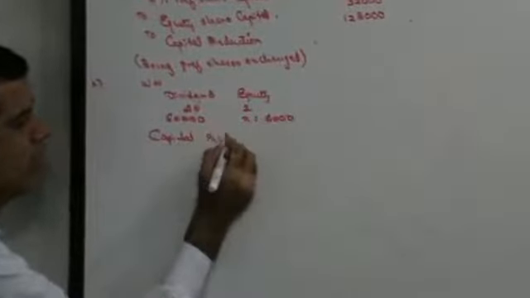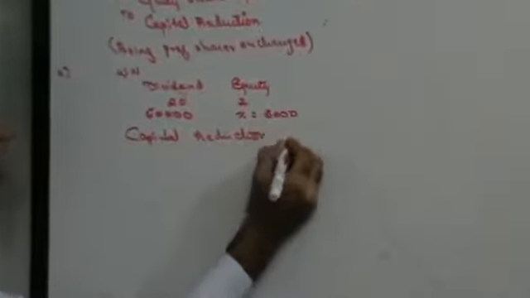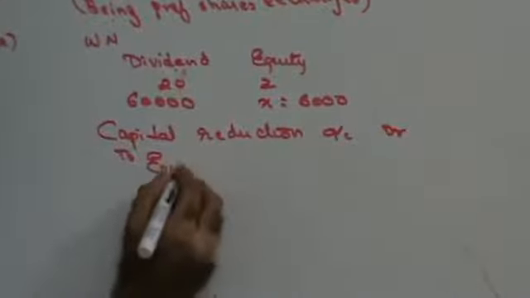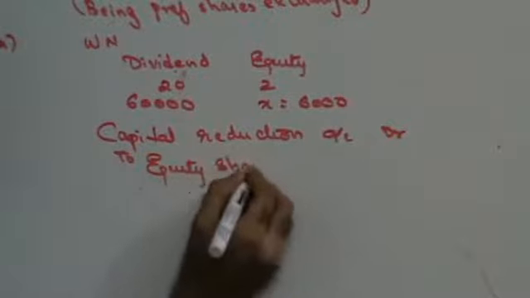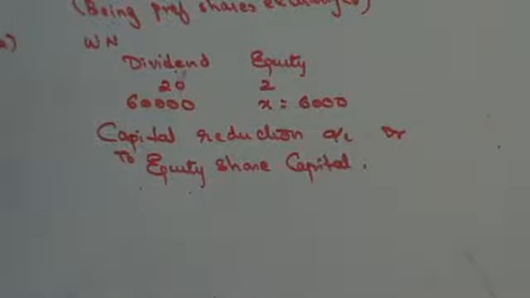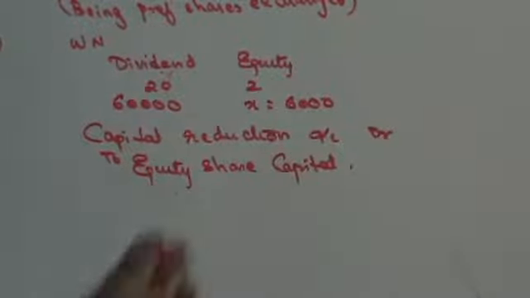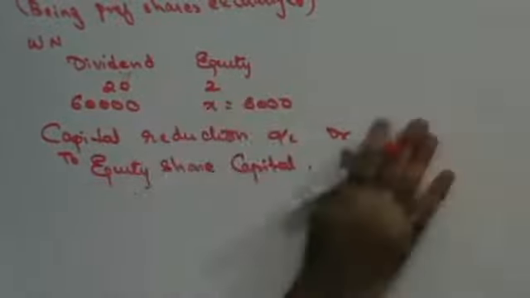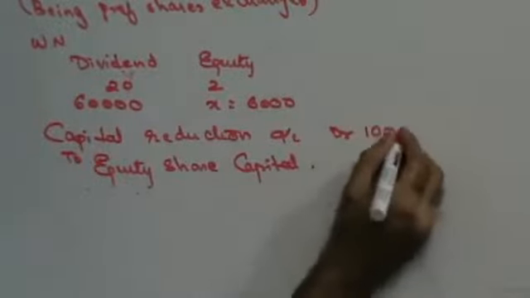So this will be capital reduction account, debit to equity share capital. I'll be issuing 6,000 equity shares of rupees 2 each, so that is 12,000.